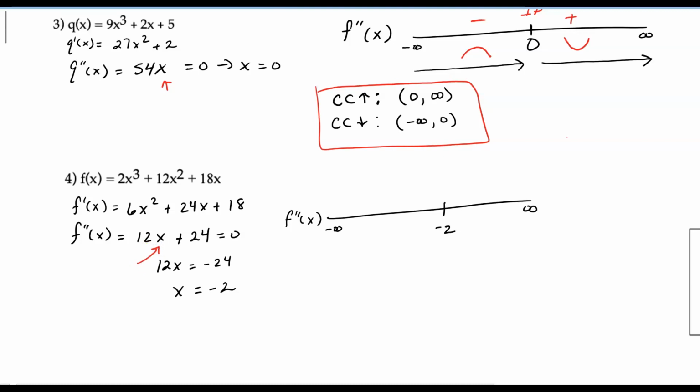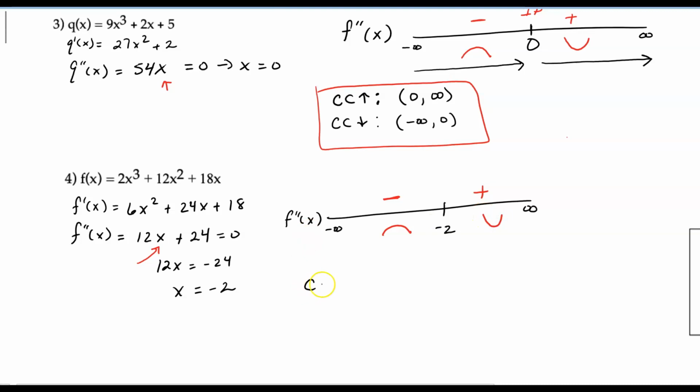Before negative 2 may be negative 3. 12 times negative 3 is negative 36 plus 24 is negative 12, which, again, we don't care, is a negative number. Then you pick something after negative 2, like 0. 12 times 0 is 0 plus 24, that's positive 24. So here is concave down and here is concave up.